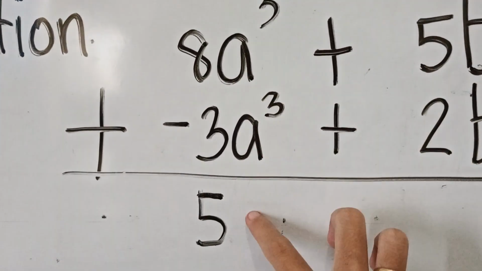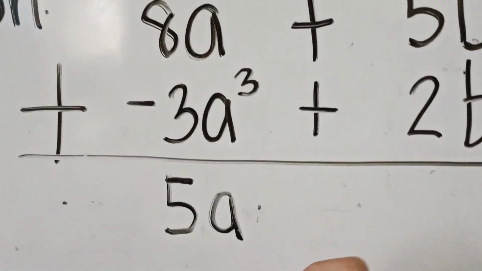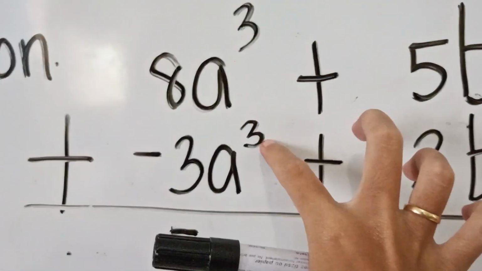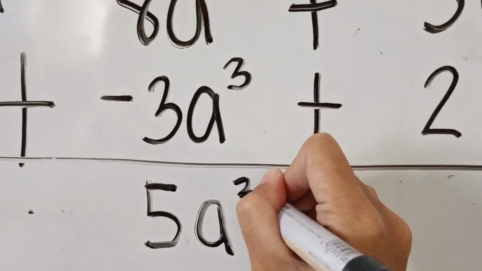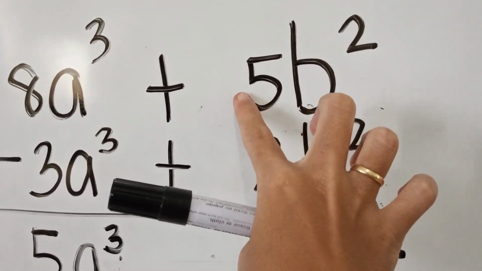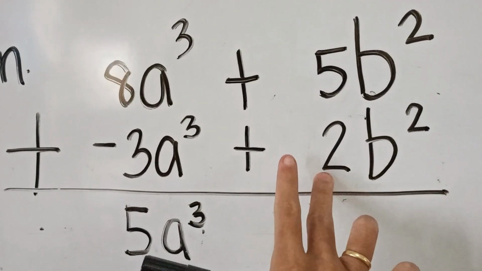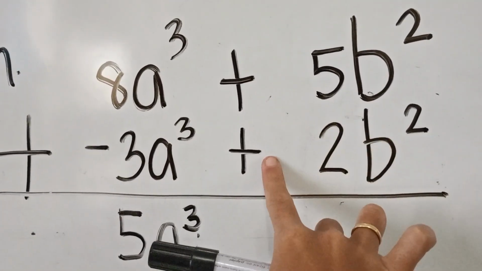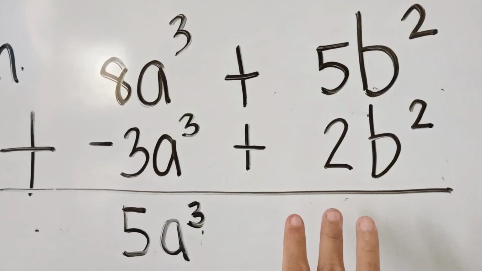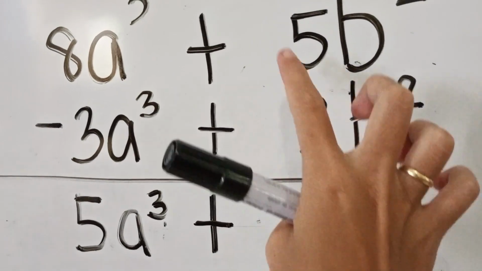For the variable and exponent, all we need to do is to copy the common variable and exponent, a cubed. Again, just copy the variable and exponent. Then we have positive 5 plus positive 2. Since the two numbers are both positive, we're going to add them together, and the answer is also a positive one.